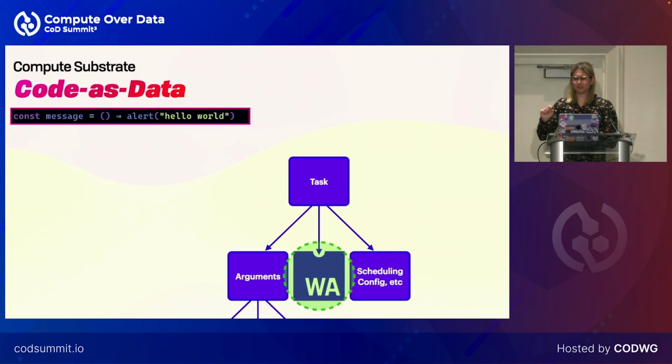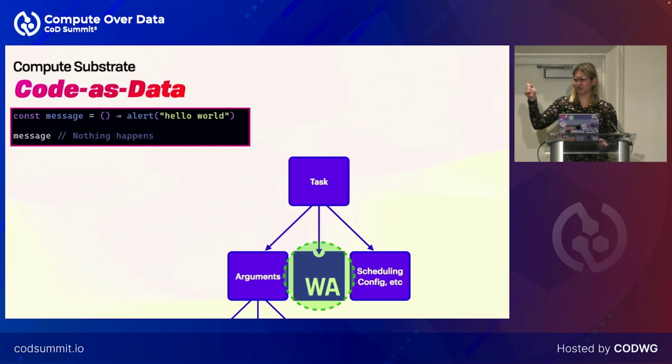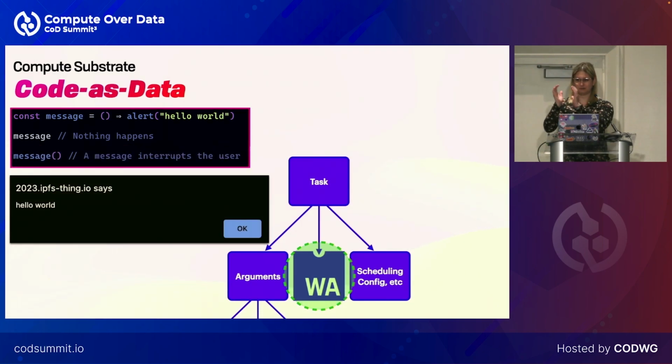And this is a little bit like having a closure, having an anonymous function, right? Where we're not saying run this thing right now. I'm saying here's a description of what I would like to have run at some point in the future. And I can give you a handle to it. That's just the name of this variable, in this case, message. And passing that around doesn't do anything until I actually say, hey, run this. And I put the parentheses on it, and it actually executes.